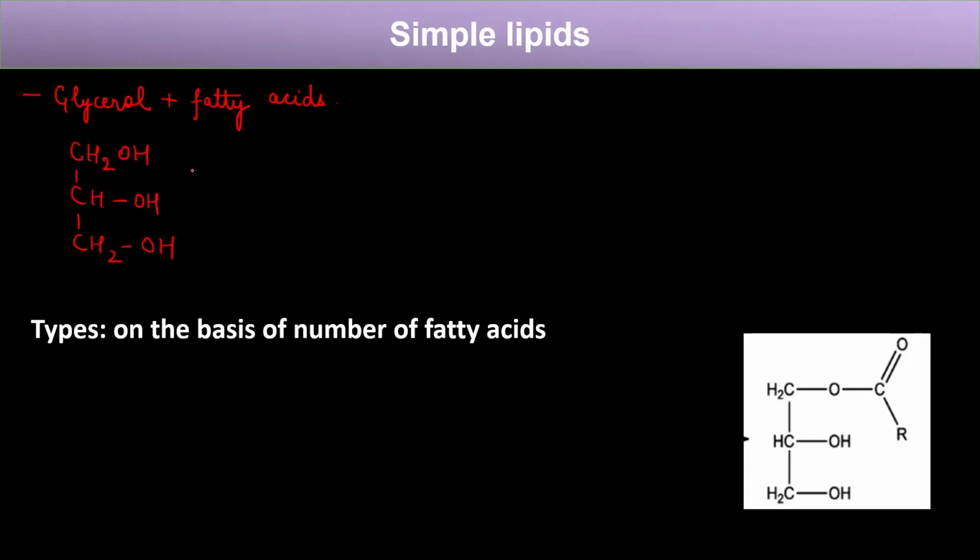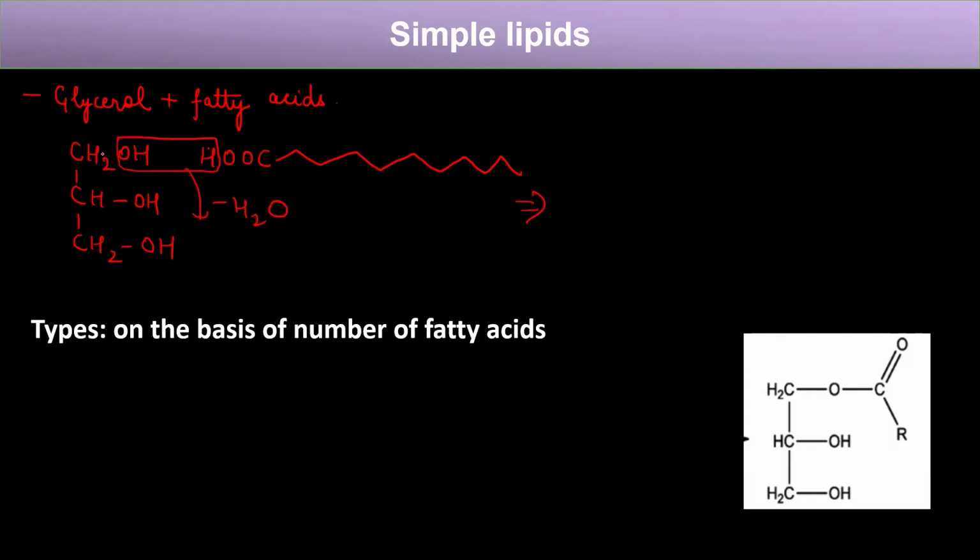Now, suppose here comes a fatty acid. Let me draw it like this, HOOC. So this is your COOH group, and then there is a long chain of hydrocarbon. Now what happens is this OH and this H form a bond and release a water molecule, right?